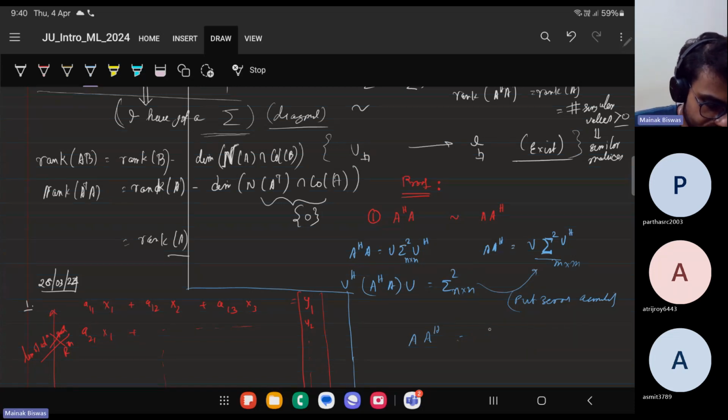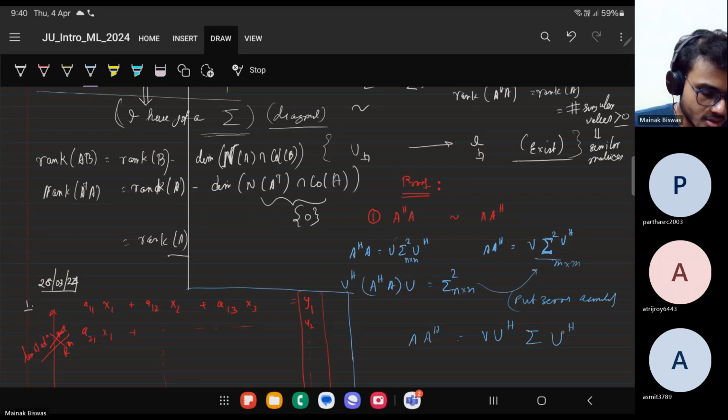What can I write? You can just put this value over here, and I'll get U Hermitian sigma squared U Hermitian, then U Hermitian A Hermitian A UV V Hermitian.